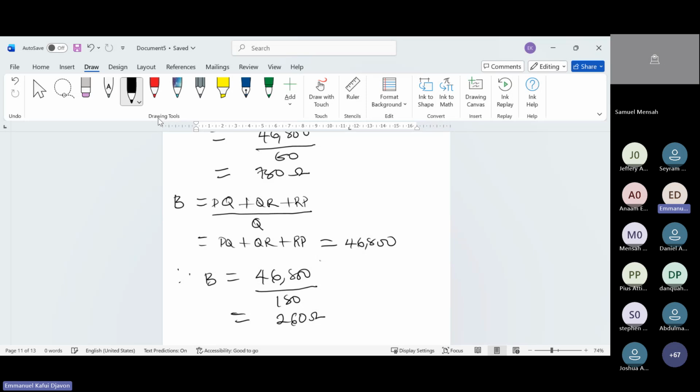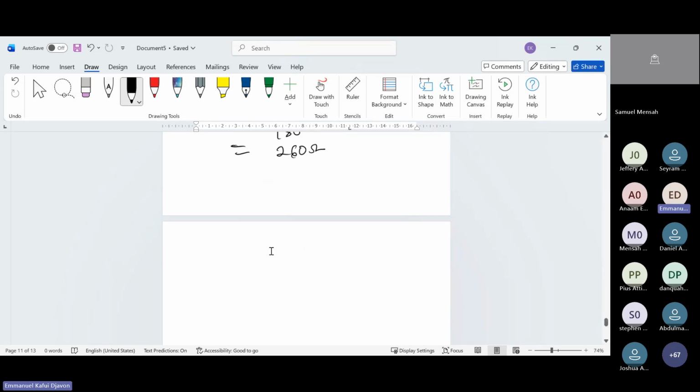Let's come to the next. Now we have to do that for C. PQ plus QR plus RP, divided by P. Recall anyhow you want to do it, but just tell me what you are doing so I know that you are doing it properly.